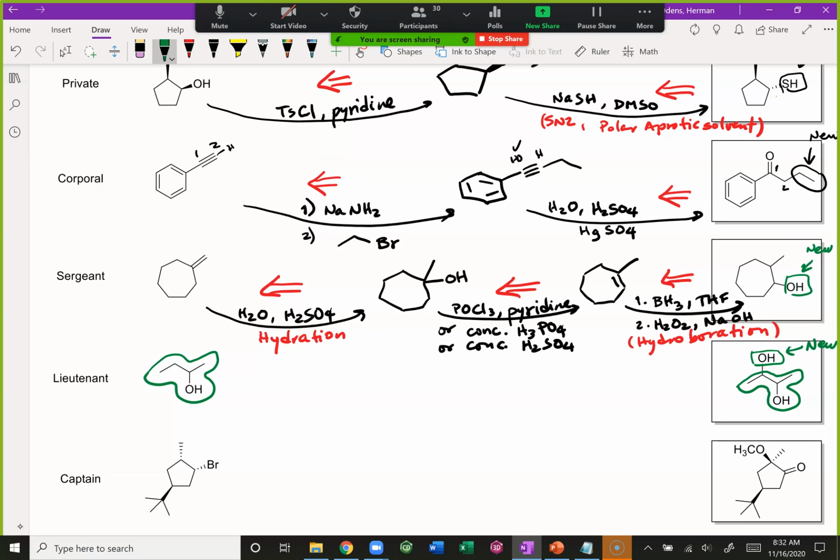All right. So how do we put an OH there that is adjacent to another OH? Think about it. What would be the common intermediate for this? How can I put this new OH in a carbon that is next to a carbon that has an OH?